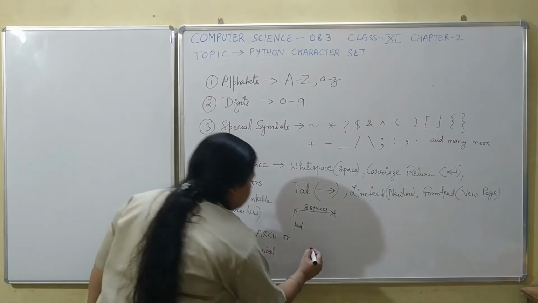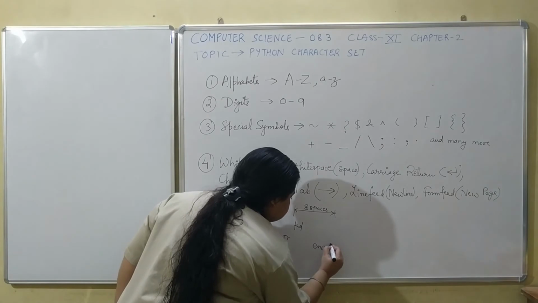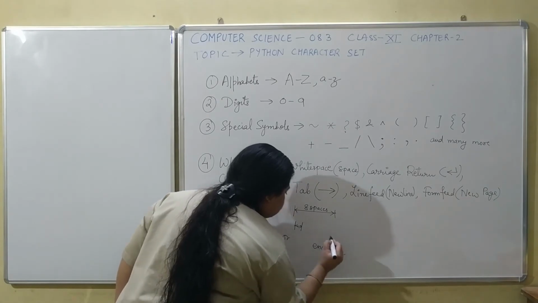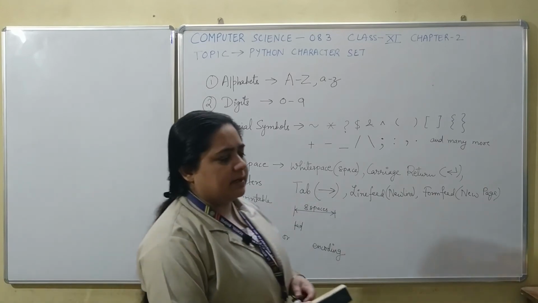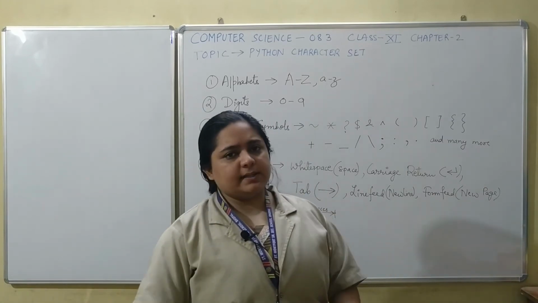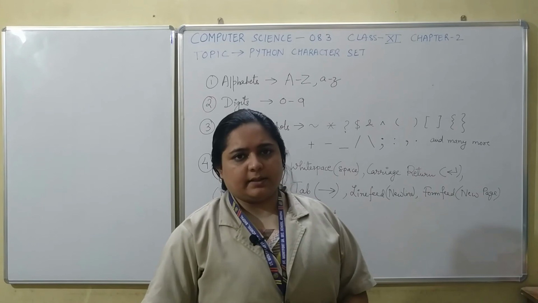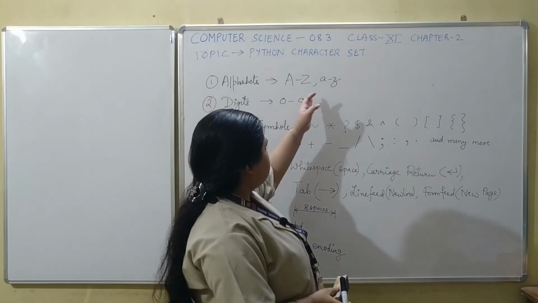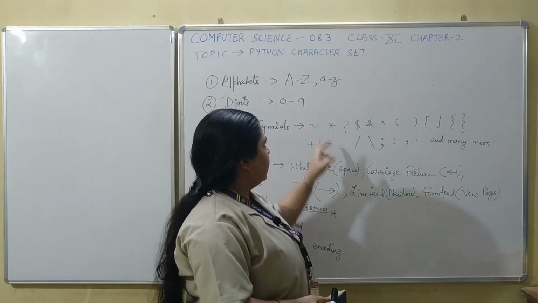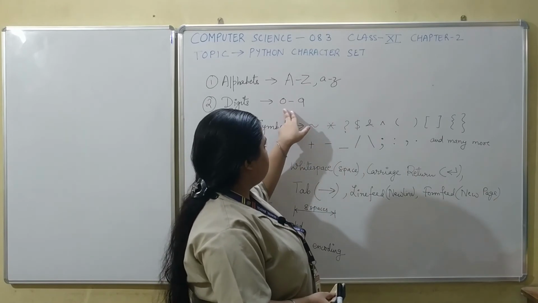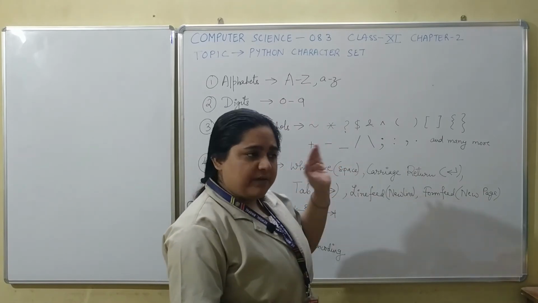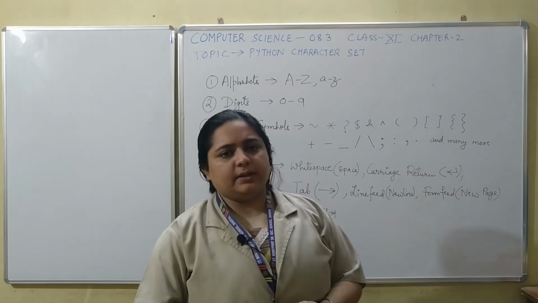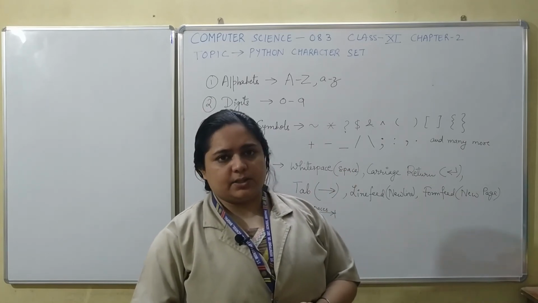Encoding schemes means, now we all know that we humans understand the common English language, whereas our computer understands binary language. So every symbol which you see over here, whether it's an alphabet, a digit, a special symbol or a white space character, everything has to be coded in the form of binary digits.